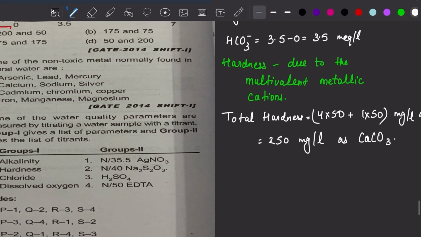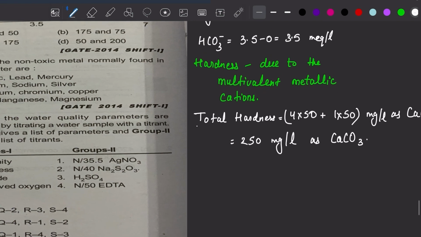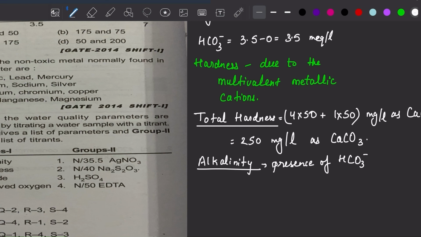Now alkalinity. If we want to calculate alkalinity, alkalinity is always due to the presence of HCO3 minus ion only.